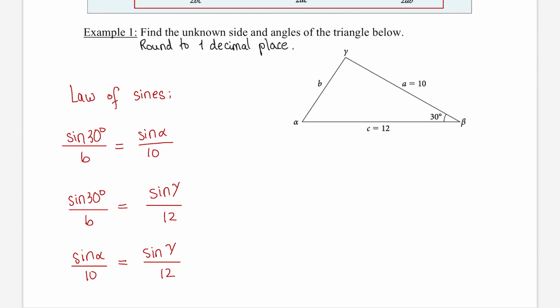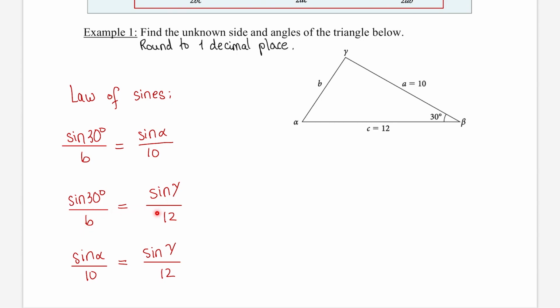These are all of the combinations for law of sines that I have from this triangle. I have sine of 30 degrees over B equals sine of alpha over 10. In this equation, I have two unknowns, alpha and B. I will not be able to use this to solve for anything. Then I have sine of 30 degrees over B equals sine of gamma over 12.